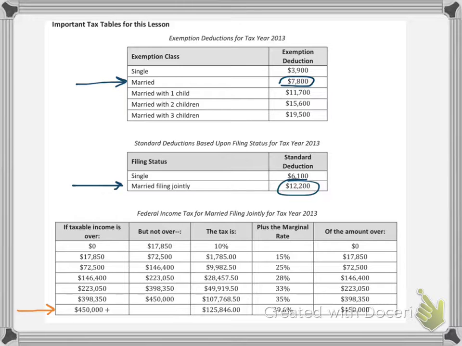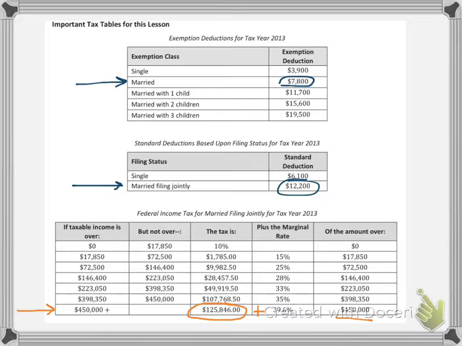The first thing we see is the tax that she's going to have to pay, $125,846, plus, for anything above $450,000, she has to pay an extra 39.6%.